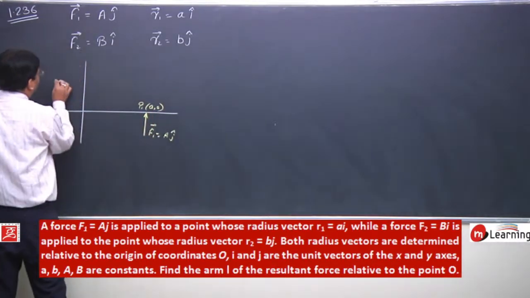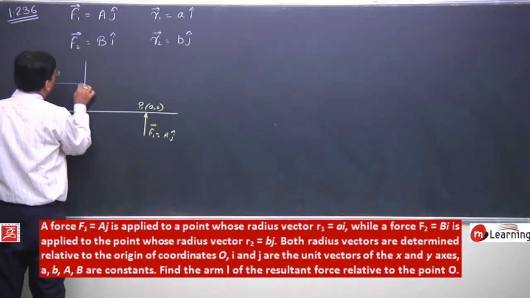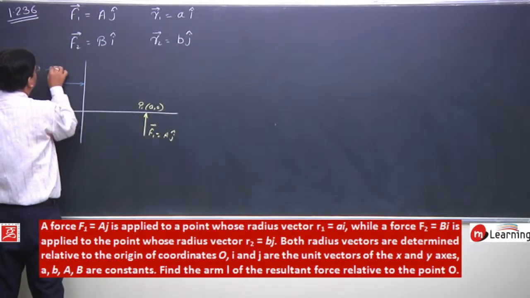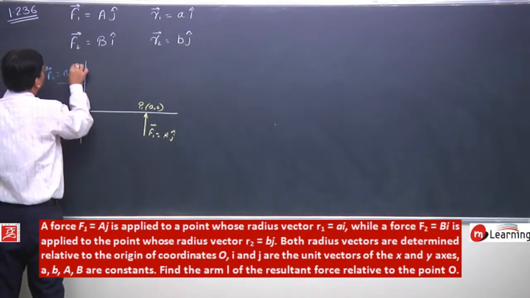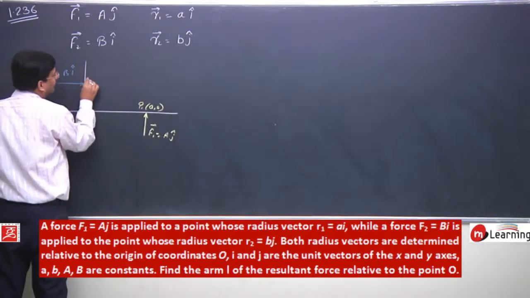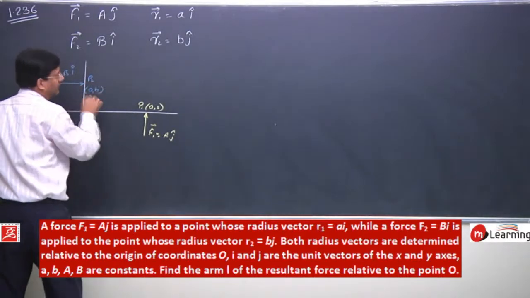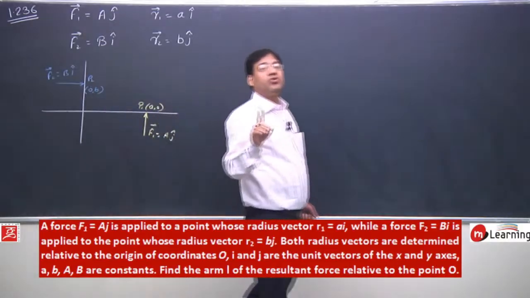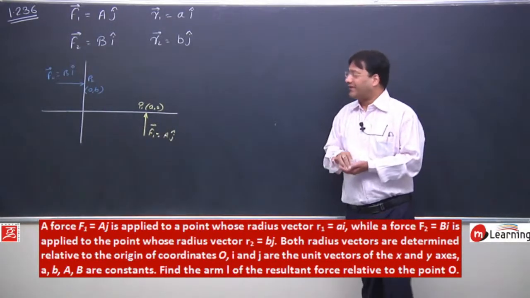And this force F2, which is BI, is applied at this point P2, which has coordinate 0 comma B. In this case, we have two different forces applied at two different points.